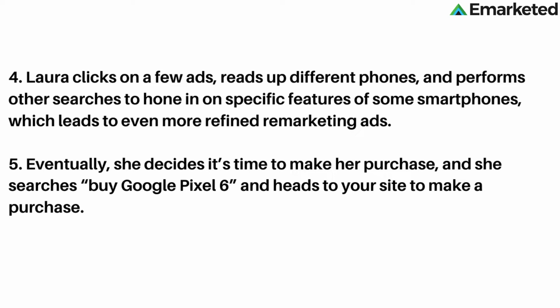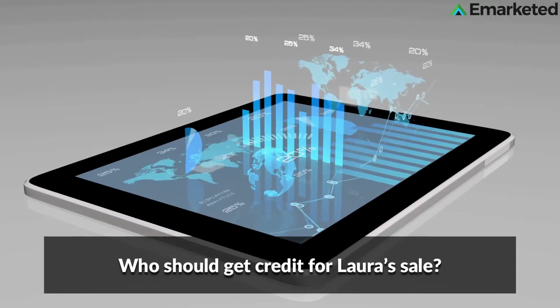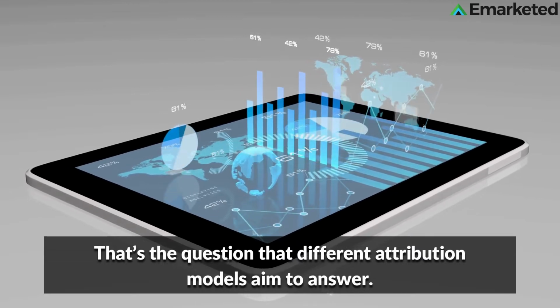Laura clicks on a few ads, reads up different phones, and performs other searches to hone in on specific features of some smartphones, which leads to even more refined remarketing ads. 5. Eventually, she decides it's time to make her purchase, and she searches, "Buy Google Pixel 6", and heads to your site to make a purchase. Who should get credit for Laura's sale? That's the question that different attribution models aim to answer.